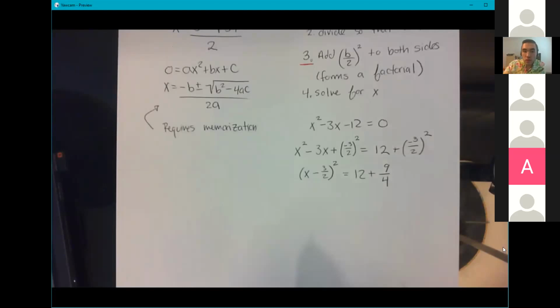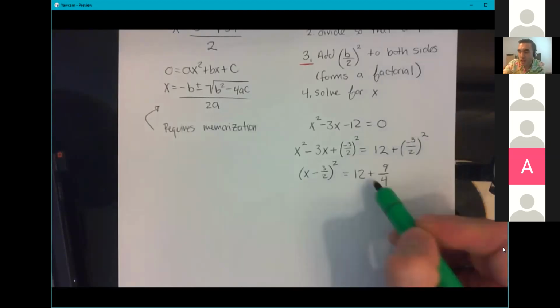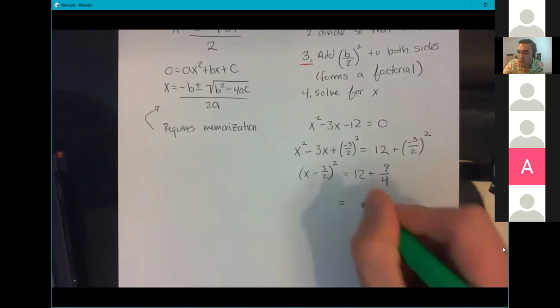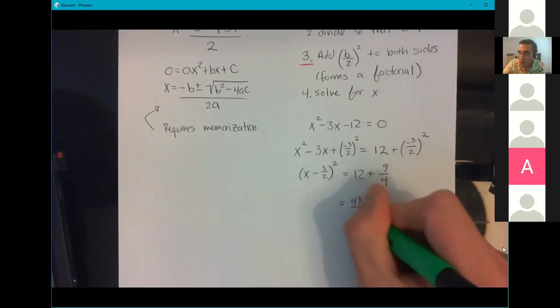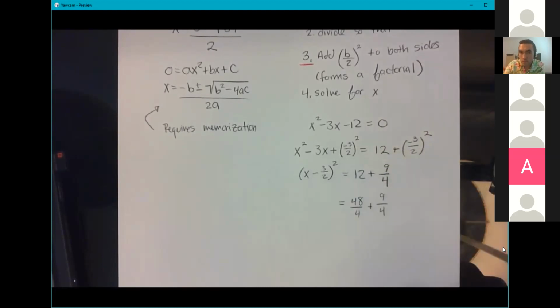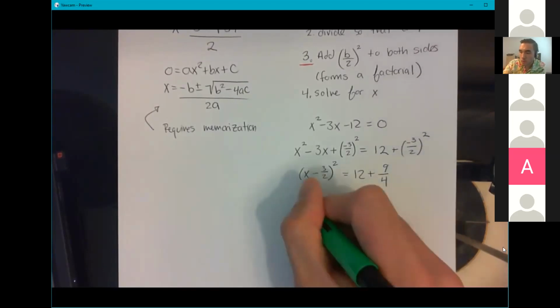Now I'm going to combine this to get a common fraction. And so we'll have to multiply 12 by 4 over 4. So the right-hand side is going to be equal to 48 over 4 plus 9 over 4, which is 57 over 4.